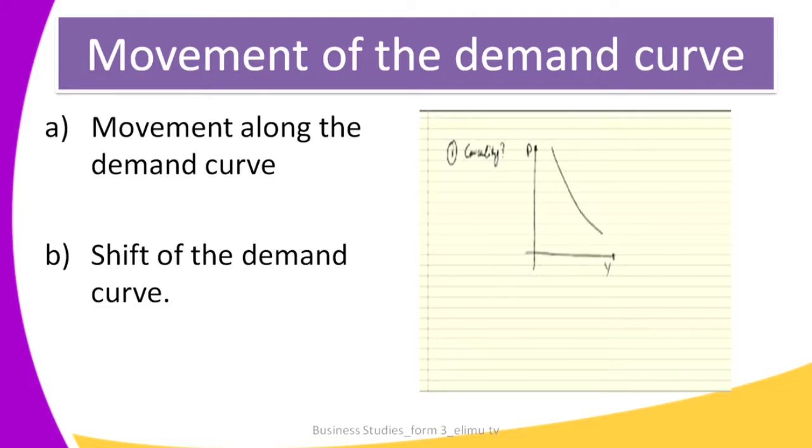A shift of the demand curve is whereby the demand curve acquires a totally new position from where it was. But when you talk about movement along the demand curve, the position of the demand curve does not change, but the movement is along it. I'm going to explain that further in the course of the lesson.